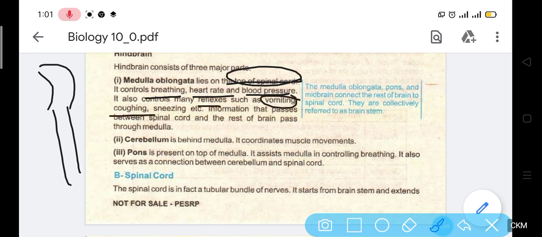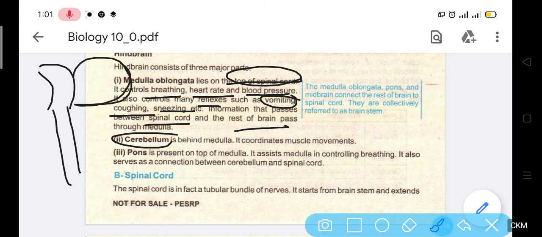It also controls many reflexes like vomiting, coughing, and sneezing, and it passes information between the spinal cord and the rest of the brain. So the medulla sends information from the spinal cord to the brain.